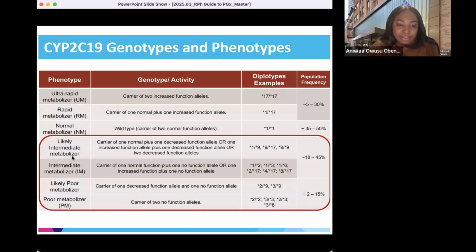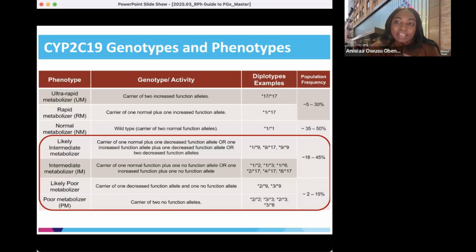Likely intermediate and intermediate metabolizers have activity level that's less than a normal metabolizer, but more than a poor metabolizer. So they fall between that group there. And then there's the poor metabolizer group. These are individuals that carry two copies of no function alleles, right? So they have almost no activity.